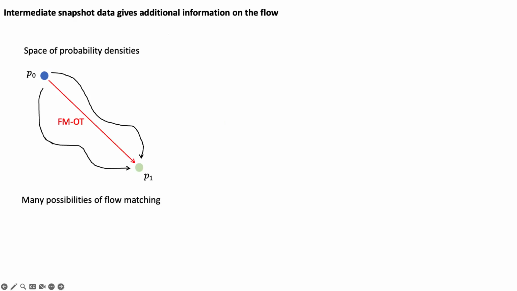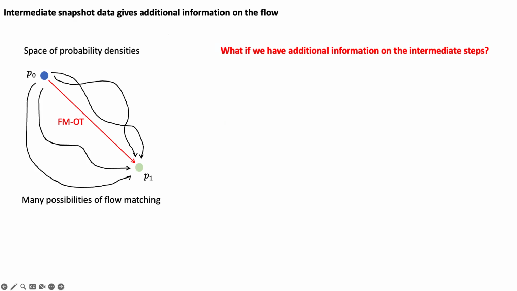Sometimes if you do optimal transport, it is a straight line, and sometimes you go a different way. But what if you have some additional information in the intermediate steps? If you have initial and final distributions, and you have some intermediate information, can we adjust our flow to smoothly connect these intermediate steps?